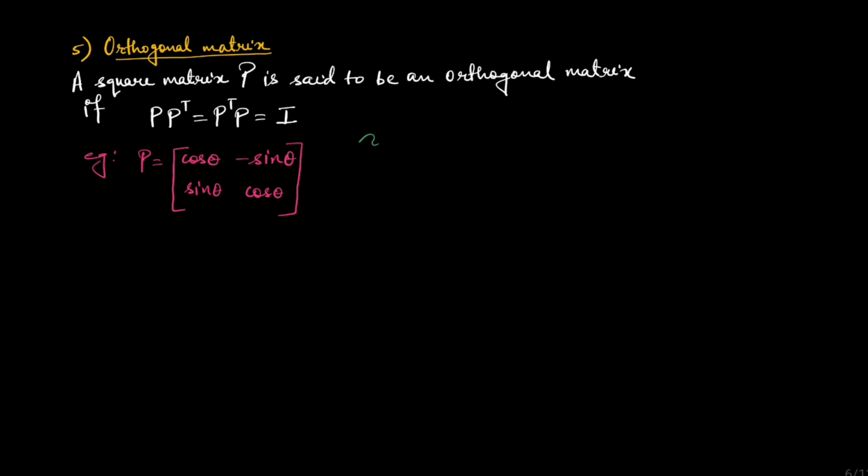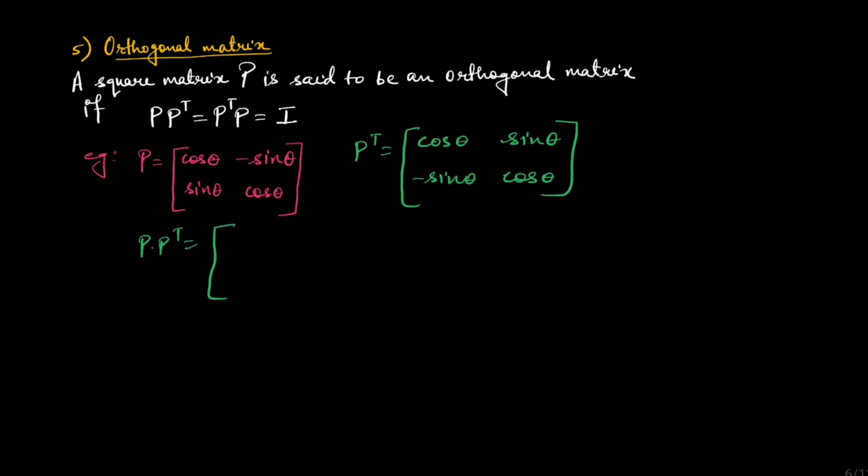First of all, we are going to find P transpose. What will be P transpose in this case? It will be cos theta, minus sin theta, sin theta, and cos theta. Now quickly multiply P and P transpose.